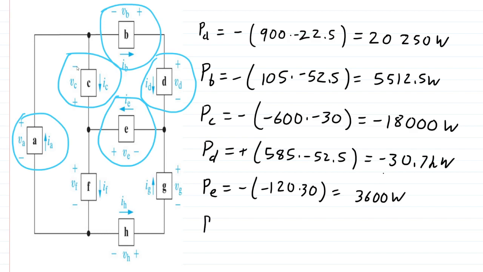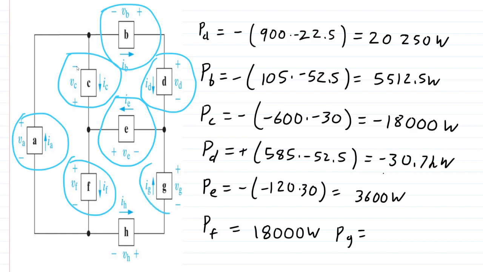We're going to do the same process for F. We're going to check, okay, it's flowing plus to the minus, that's going to be plus. You do 300 volts times 60 amps. We get 1,800 watts. And PG, same deal, except this one's going to start minus.